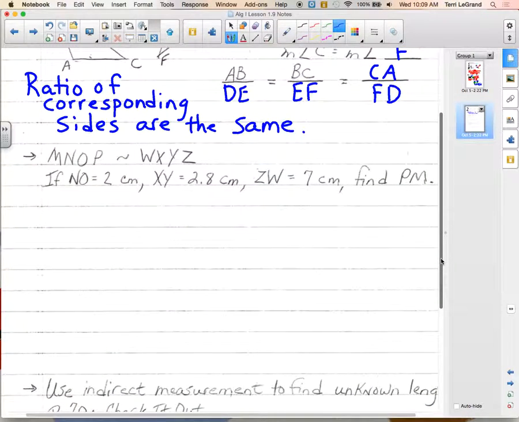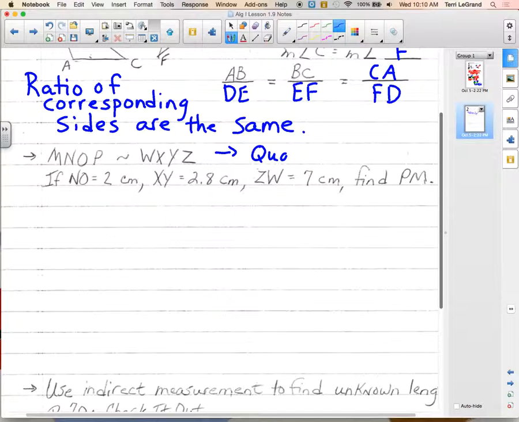So we have MNOP is similar to WXYZ. What kind of figures are these? Are these triangles? No. What are they? Rectangles. Do we know that they're rectangles for sure? No. They're not segments. What did I just hear about quadrilaterals? Yeah, they're quadrilaterals. So let's put that here.